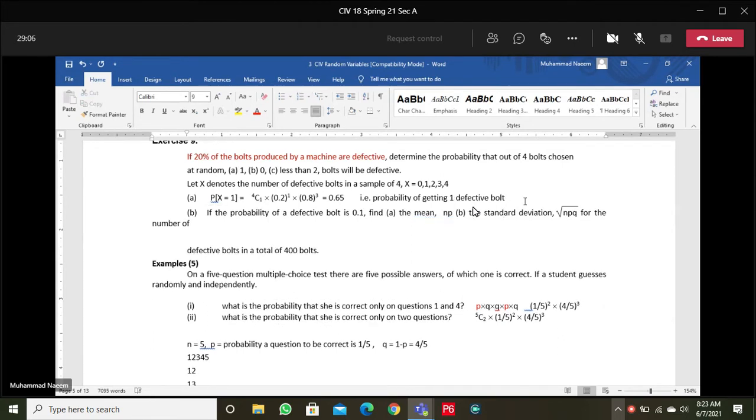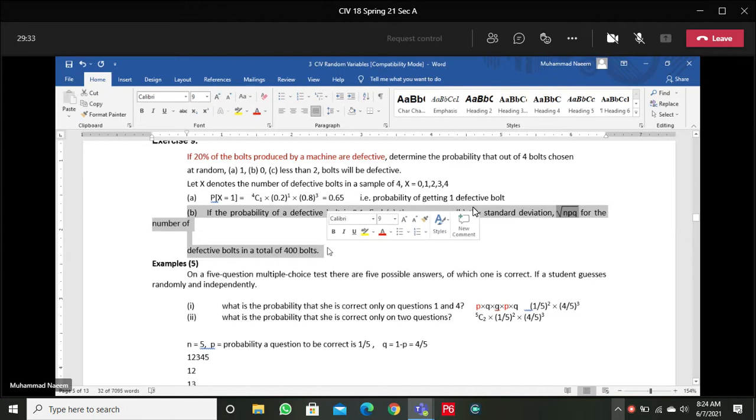In the second part, part B, for 0 defective, this is another discussion.